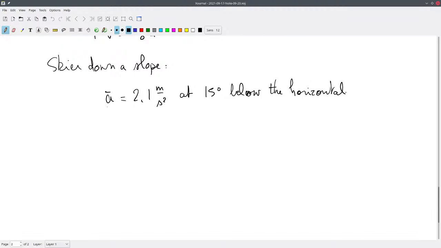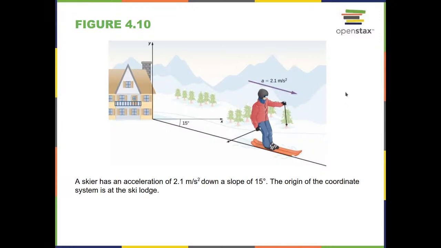Of course, we want to write this in x, y, and z components, and in this case just x and y components, because we can just treat everything in the plane of the page here, in the plane of the slide. So if there's a skier going down and the acceleration is pointing in this direction, what will be the sign of the x component of the acceleration? Will the x component be positive or negative?